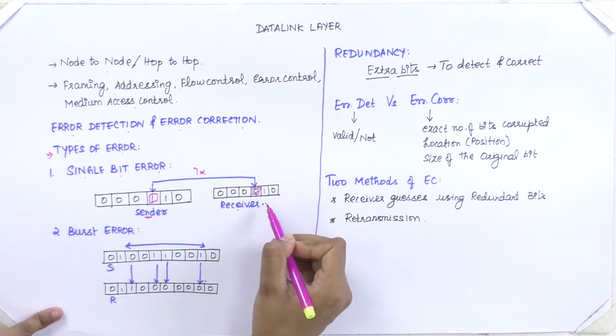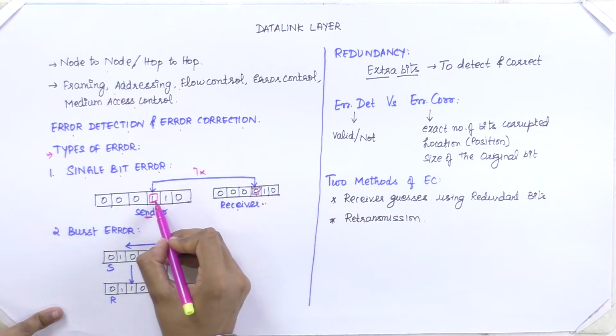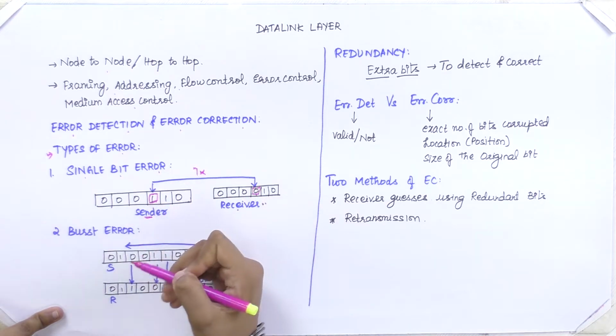This is your single bit error. Whenever there is a change in a single bit in your frame, you call it a single bit error. These errors are rare because we might not get only a single bit error in transmission.